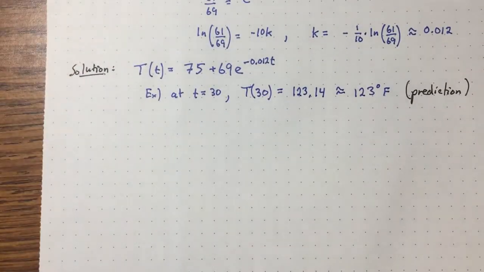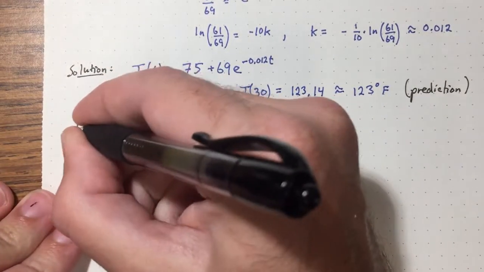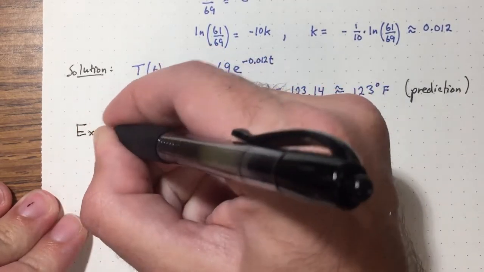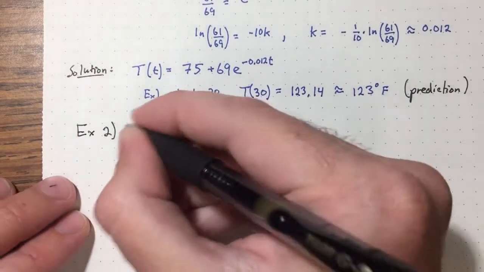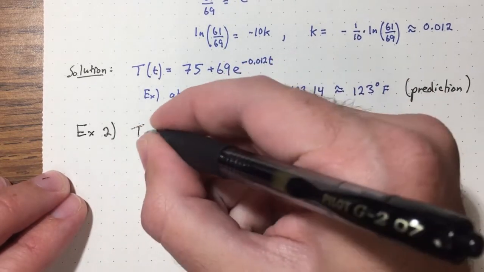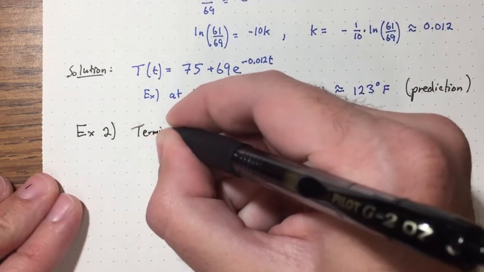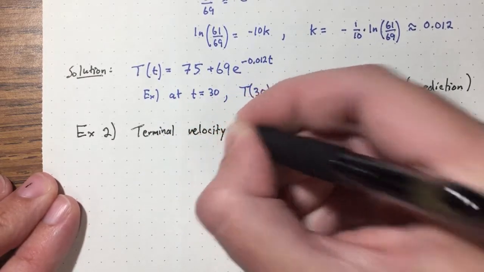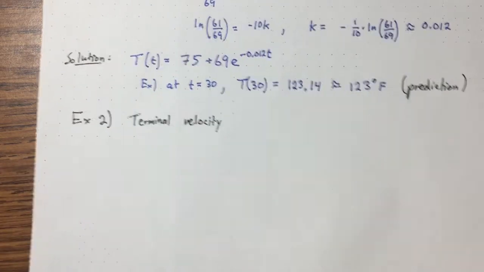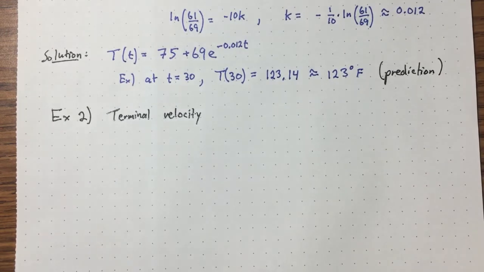Okay, so example 2 is going to be, this is a really cool concept. This is the concept of terminal velocity. We can understand this with separable differential equations. So you might have heard of terminal velocity before.